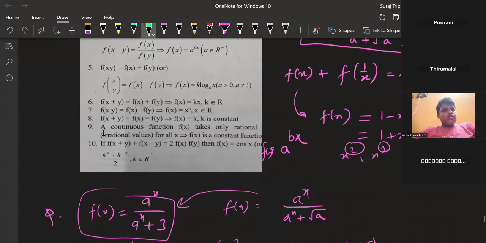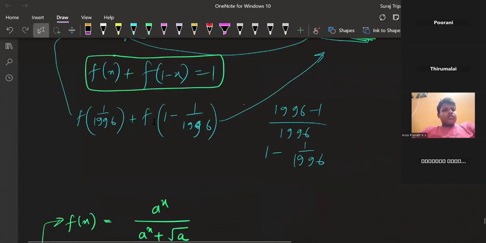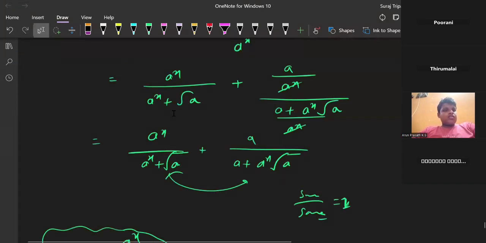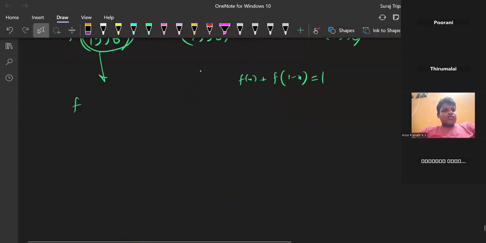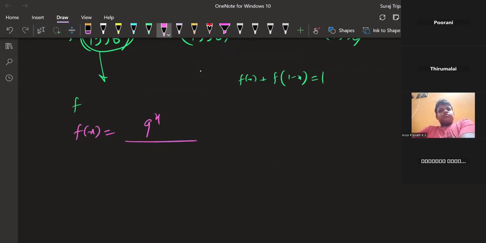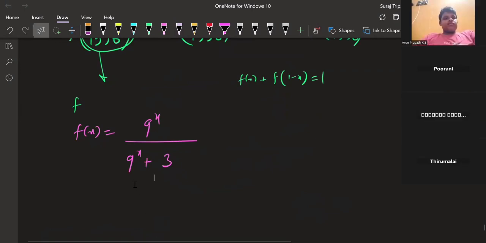This is the question. In the question it is given, f of x equals 9 raised to x divided by 9 raised to x plus root 9, that is 3. This is given. And I think Lakshita has sent you a photo on the WhatsApp group, right?